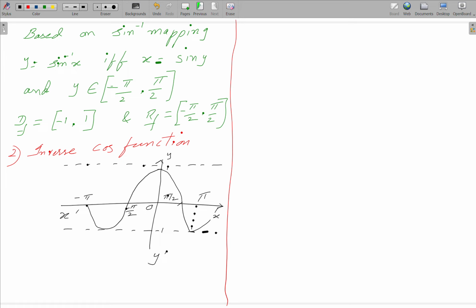This is a cosinusoidal function or cos function.